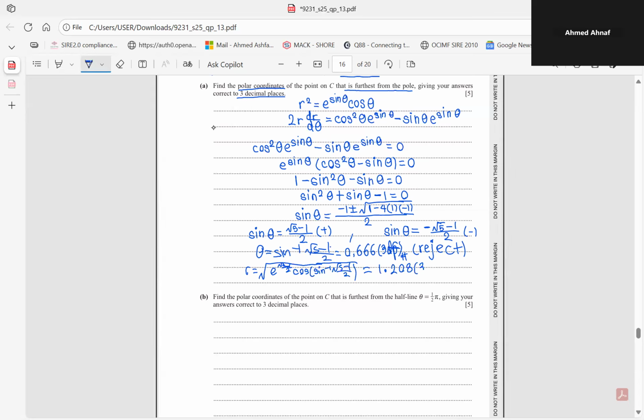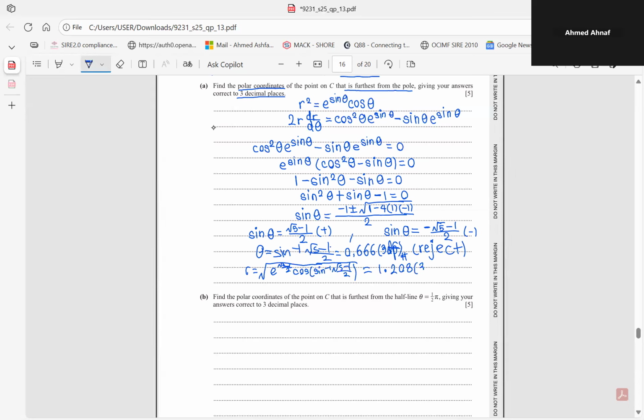On the right-hand side, we're going to use the product rule. First we differentiate cosine cubed, that is 3 cosine squared theta times the derivative of cosine, which is minus sine theta, times e to the power of sine theta, and then plus the derivative of e to the power of sine theta, that's cosine theta times e to the power of sine theta, times cosine cubed.